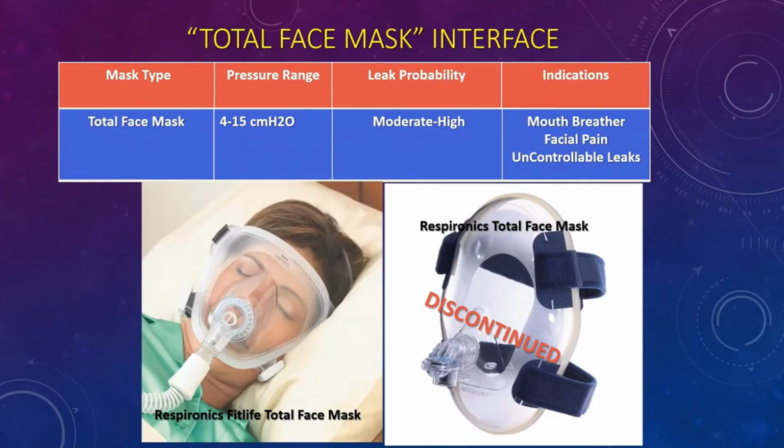Sometime about 2010 to 2012, Respironics came out with their improved total face mask, which is called the FitLife. The pressure range for the total face mask, or the FitLife, is from 4 to 15, although the pressure has been used higher. The leak probability is moderate to high, depending upon the pressure. And indications for the mask are for mouth breathers, facial pain, and basically uncontrollable leaks when no mask seems to fit.